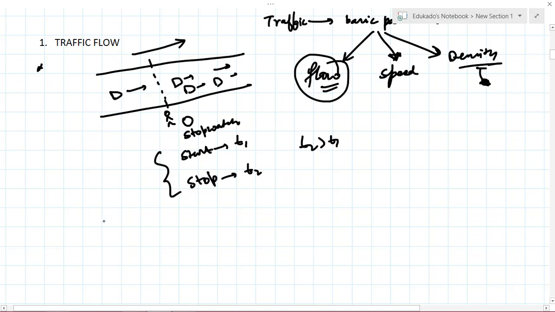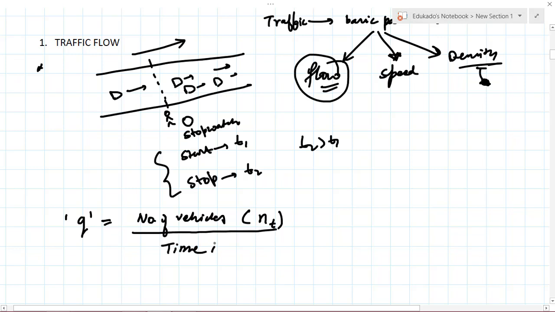Traffic flow is represented using the small q character, and it is equal to the number of vehicles, I can call it n, counted within some time range, divided by the time interval, and I'm denoting it with t.